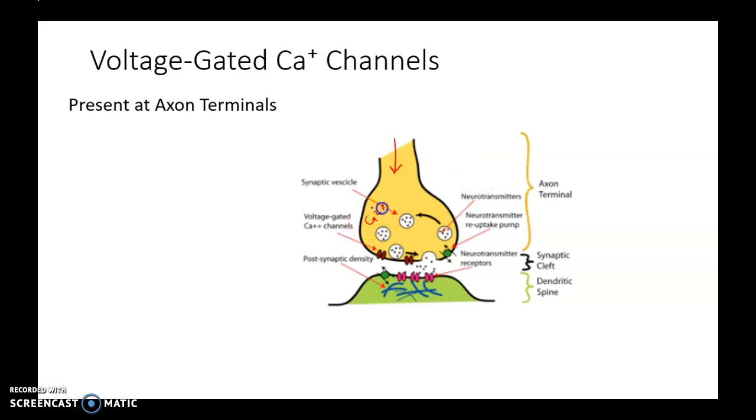Calcium causes the synaptic vesicles to fuse with the presynaptic membrane and exocytose acetylcholine into the synaptic cleft. Acetylcholine binds to the ligand-gated channels on the postsynaptic cell and causes entry of sodium. Do you remember that? Okay, so those are the voltage-gated calcium channels that open up in response to an action potential.